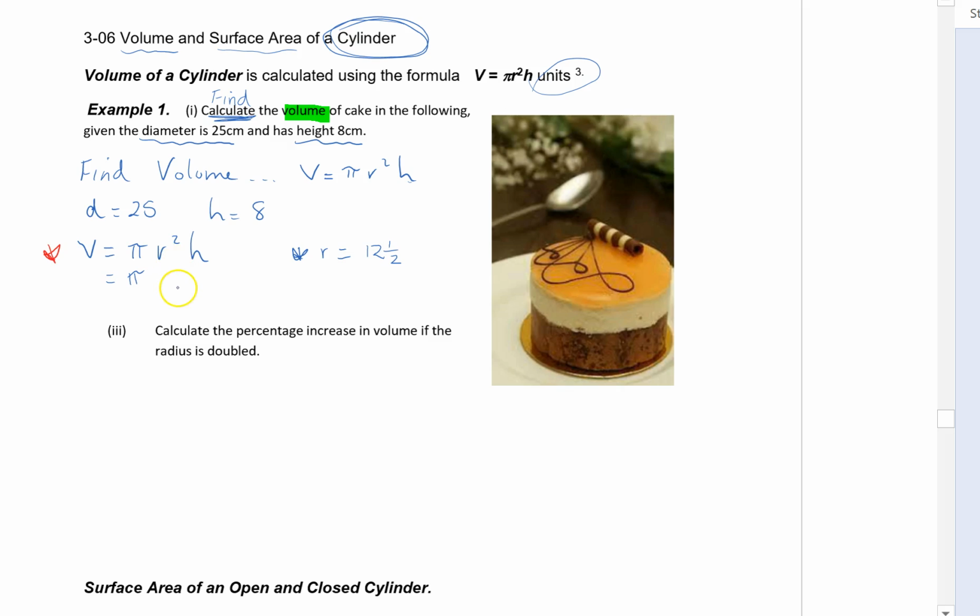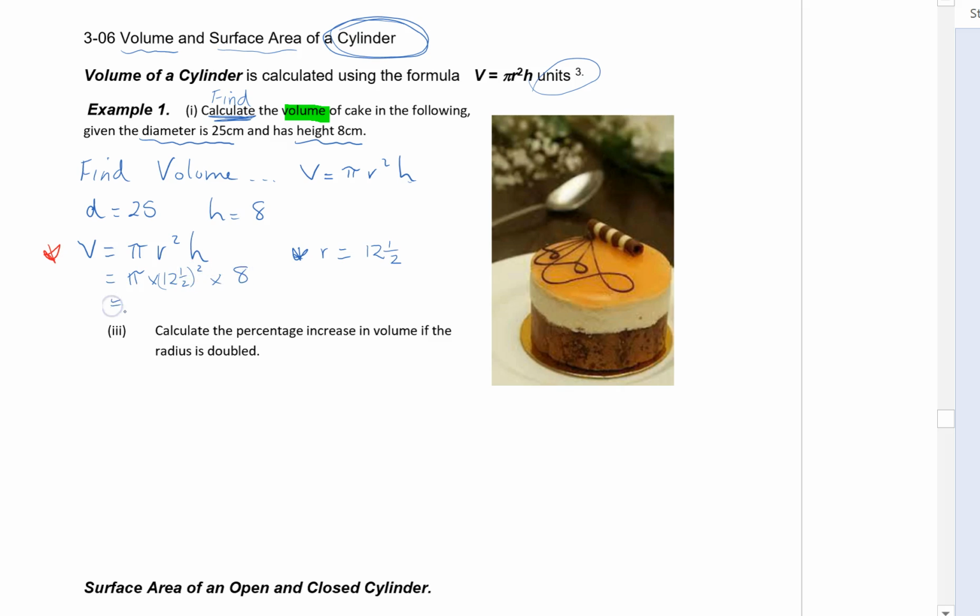Don't think that you'll always just be given the value of the concept that you need. This is an example where you weren't. You need r, you weren't given r, but you were given the information to calculate r. Keep that in mind. So we've got pi times 12.5, which needs to be squared and multiplied by the height, which is 8.